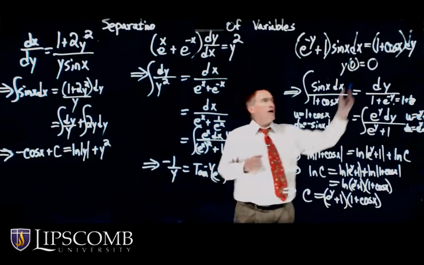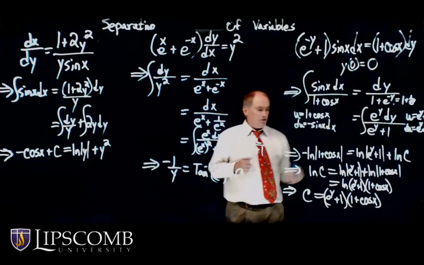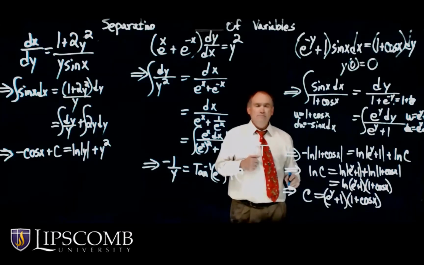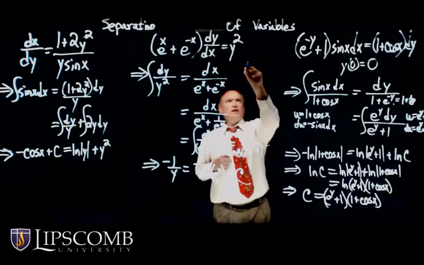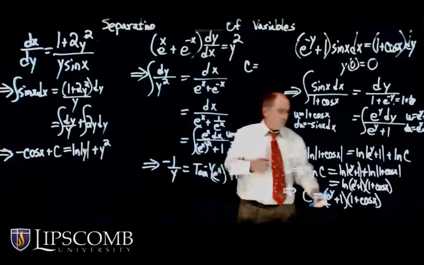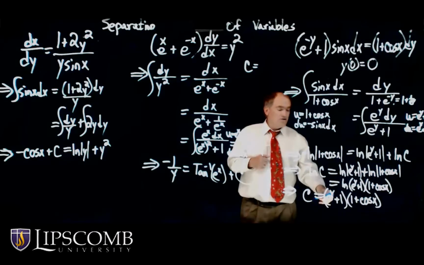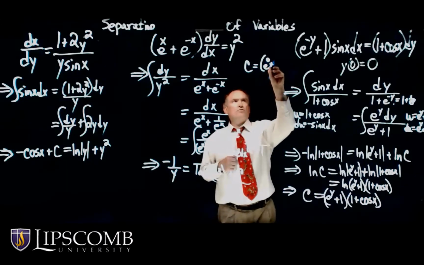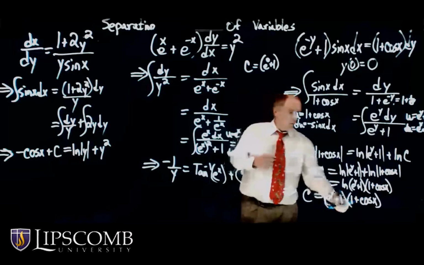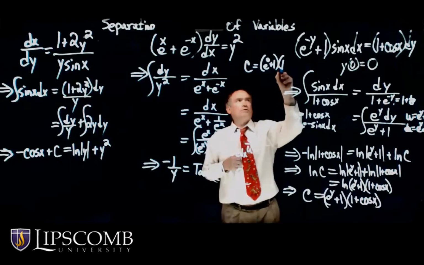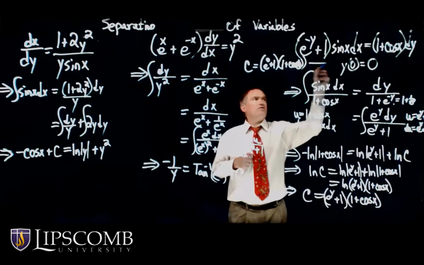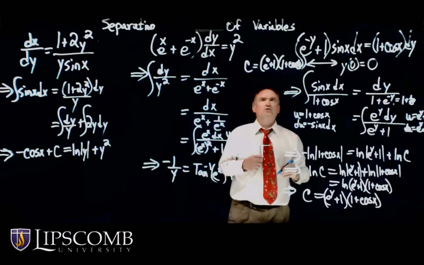Now, I've got my initial condition here. So what I want to do is I want to plug it in. So c equals, y is 0, so e to the 0 plus 1, 1 plus cosine of 0. And again, that's coming from the initial condition.